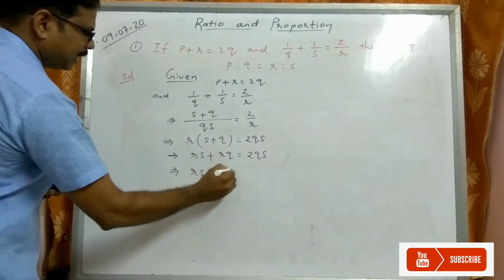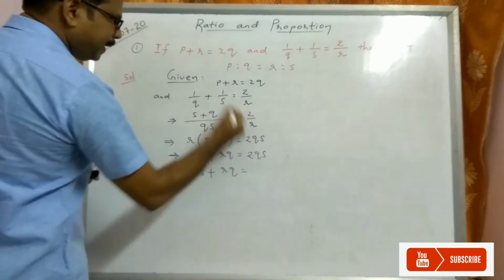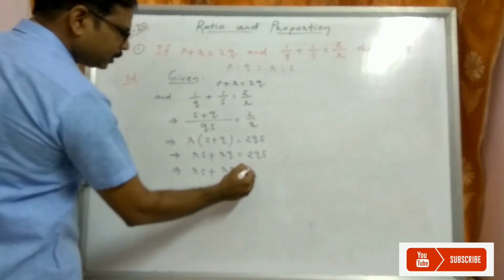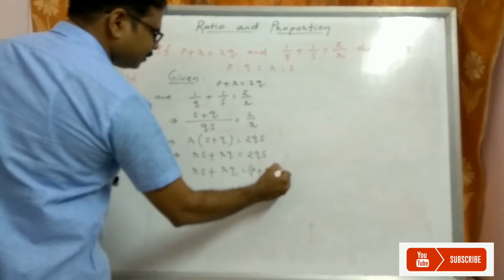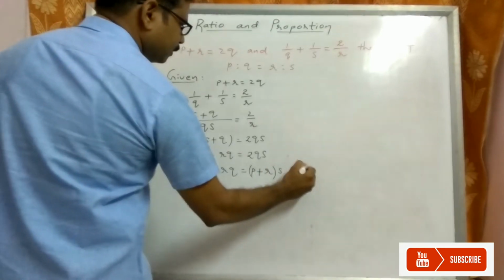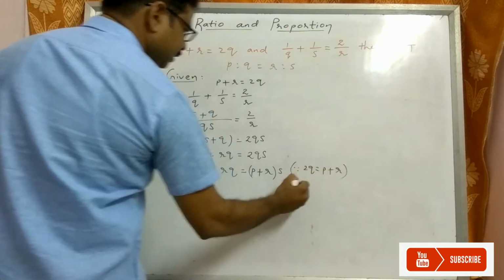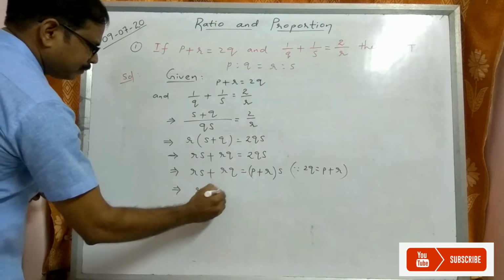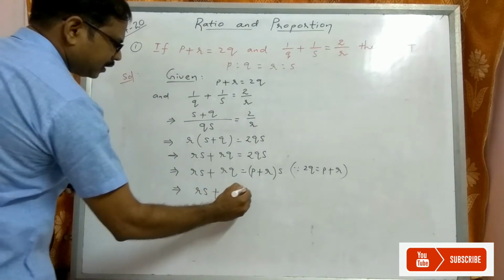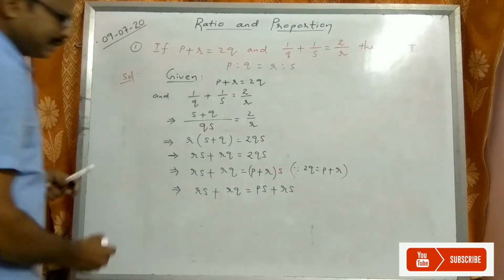RS plus RQ equal to, instead of 2Q can I write P plus R? Here you have 2Q. So instead of that you can write P plus R into S, since 2Q is equal to P plus R. Then RS plus RQ is equal to PS plus RS.